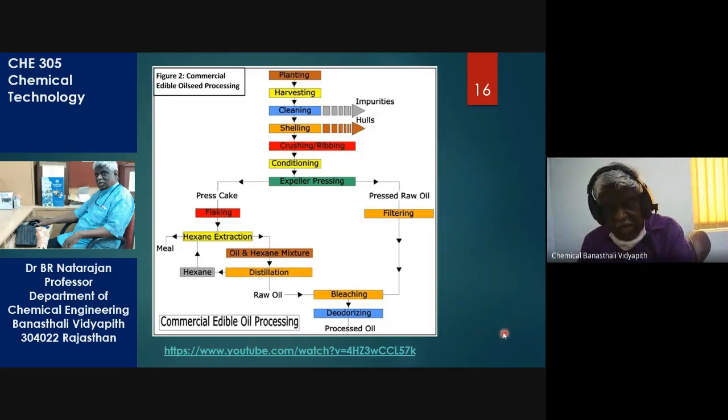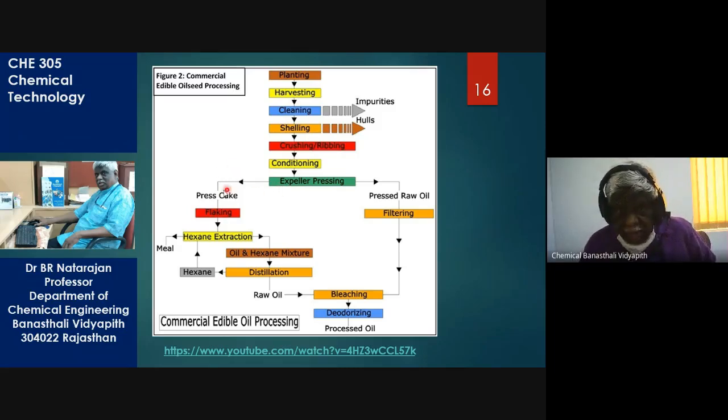So to quickly sum up, you have the oil seed planting, the plant is harvested, then the seeds are collected, cleaning, shelling, crushing, and conditioning, and then they go to the expeller. The expeller is, as I told you, where the rotating drum will squeeze the oil out and push the cake out.